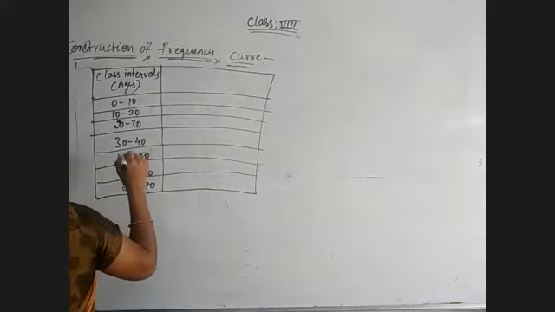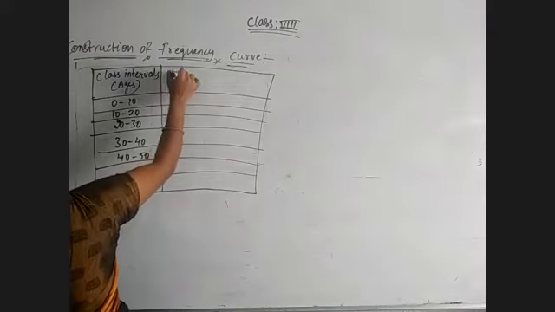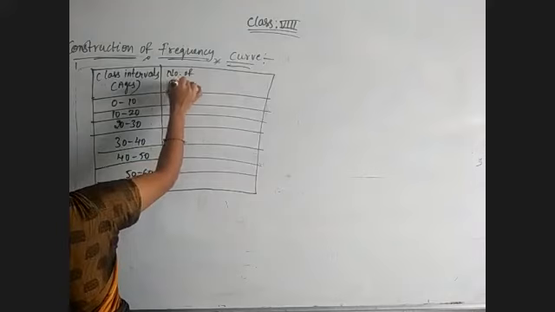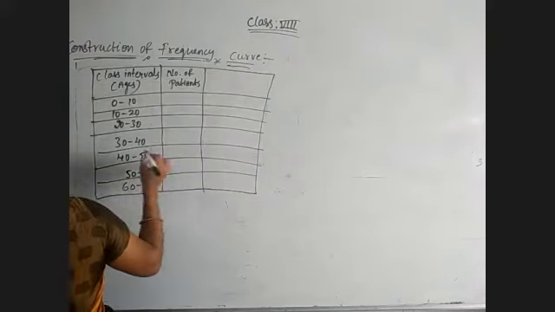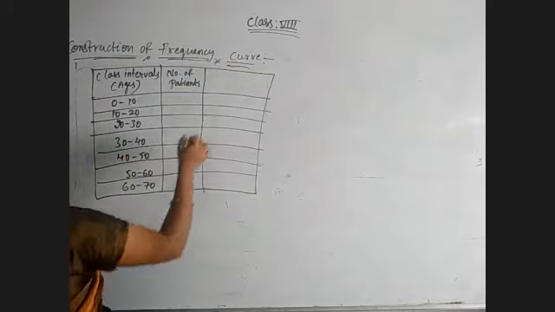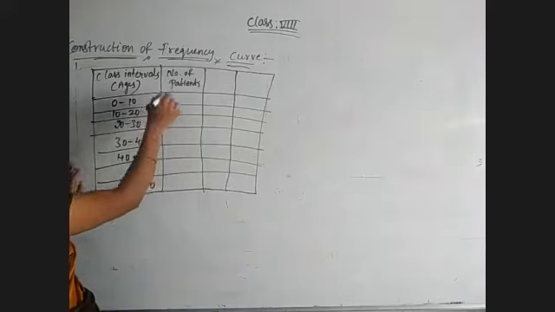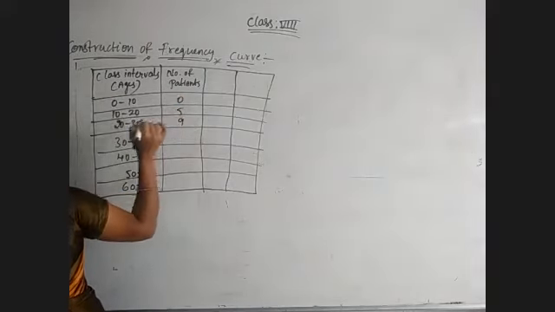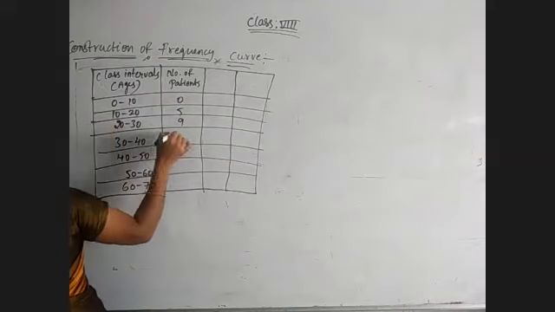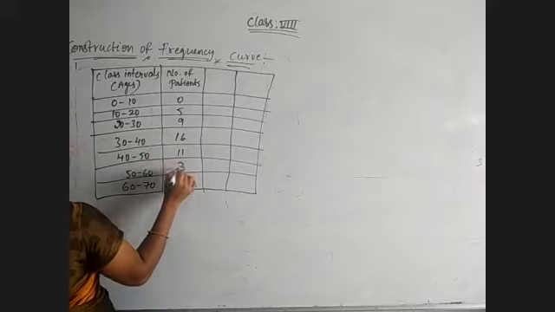And number of patients, so it is the frequency. Number of patients, how much have they mentioned? 0, 5, 9, 16, 11, 3 and 0.